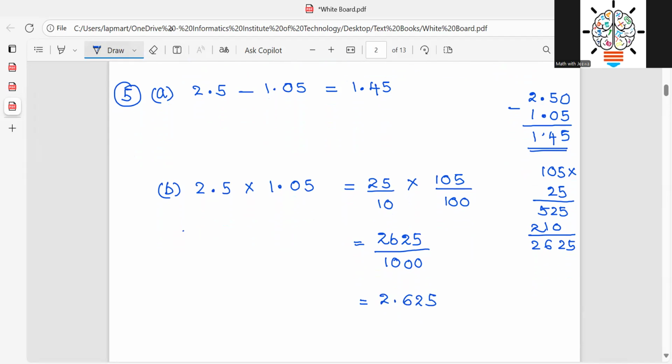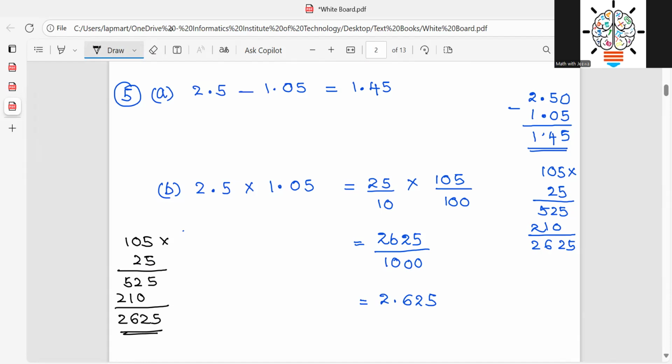The other method is what, children? You forget about the decimals and you just multiply 105 by 25, right? So then it gives me the answer here, 525 and 210, altogether 2625. If you multiply 105 by 25, it gives me the answer 2625.